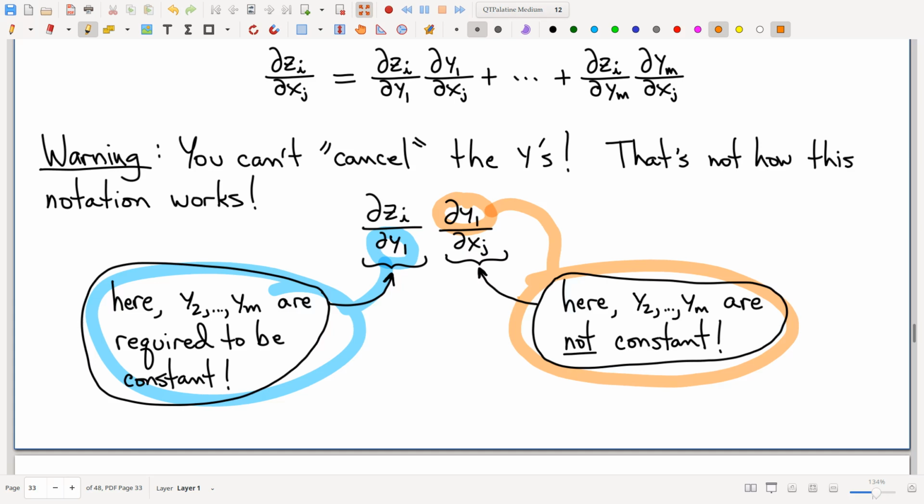And if you are changing one of the x variables, you are absolutely also, as far as you know, changing the y variables. So here the y variables are not constant. Point being, these are not the same thing. These are representing what's happening to y1 in completely incompatible stories.